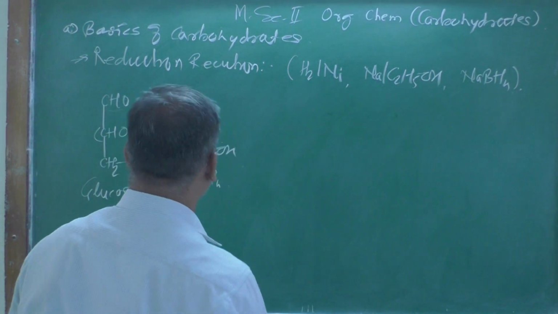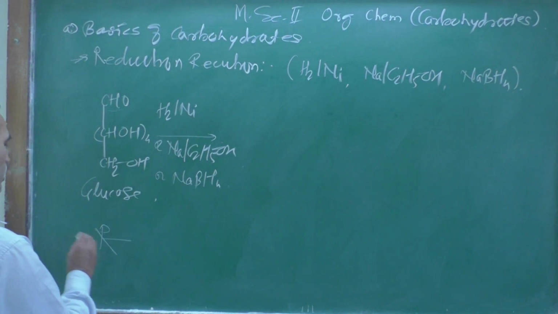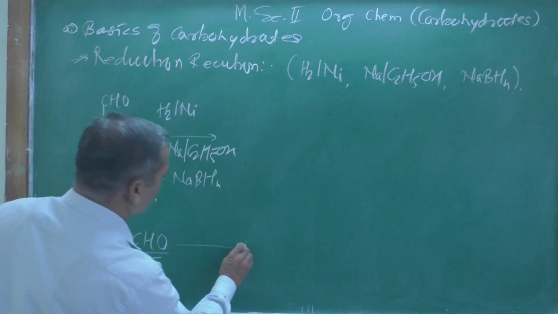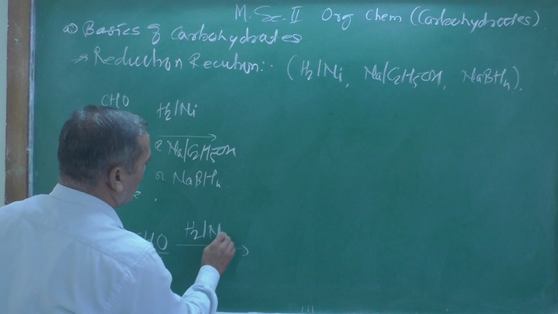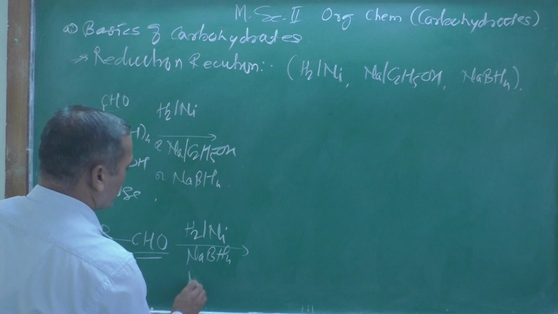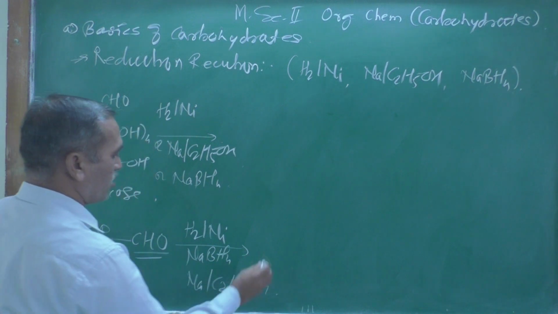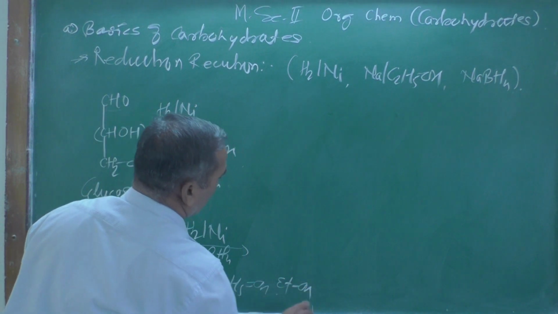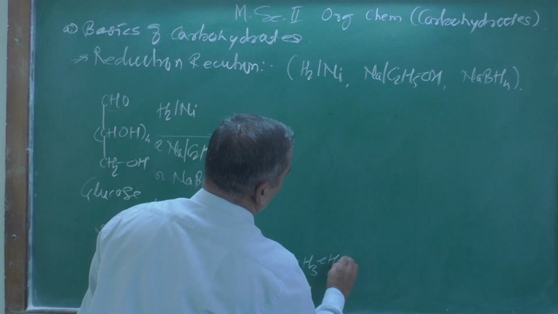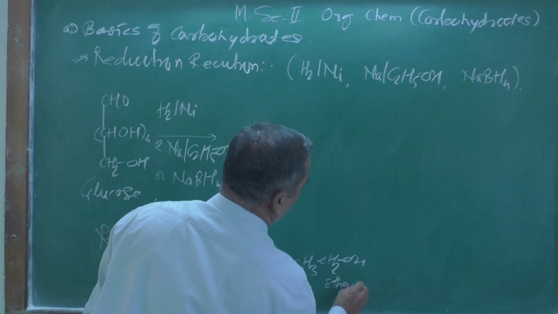On reducing, we know the general formula of an aldehyde is RCHO, and this CHO, when it is treated with H2 in the presence of nickel, or NaBH4, or sodium in the presence of C2H5OH, ethanol, sometimes written as EtOH, or sometimes CH3CH2OH, or sometimes only as ethanol.